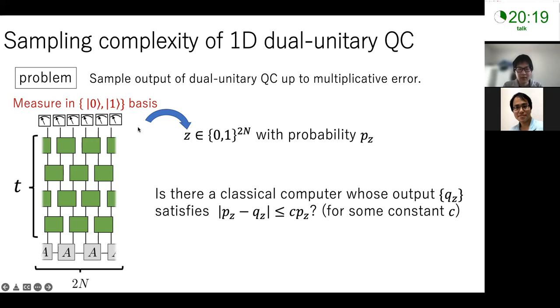And we define the measurement probability distribution from this measurement outcome. And we ask, is there a classical computer whose output satisfies this closeness? So we ask whether there exists a classical computer whose output distribution is close to this dual-unitary quantum circuit.